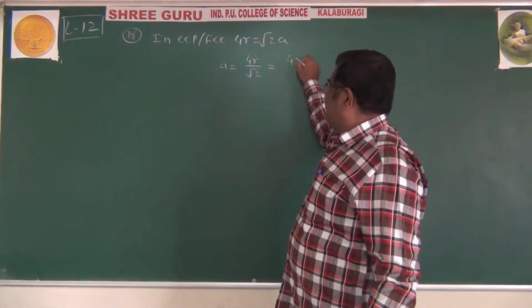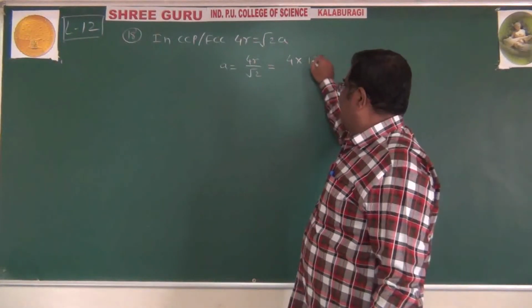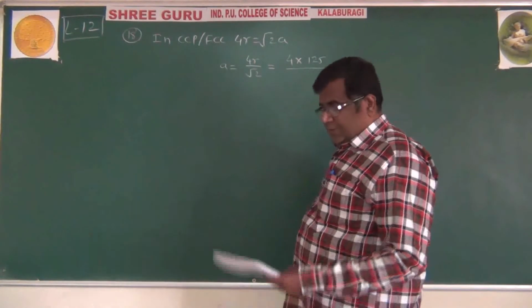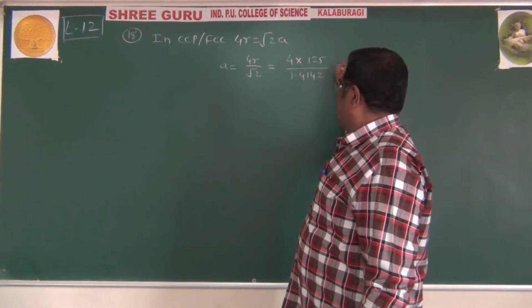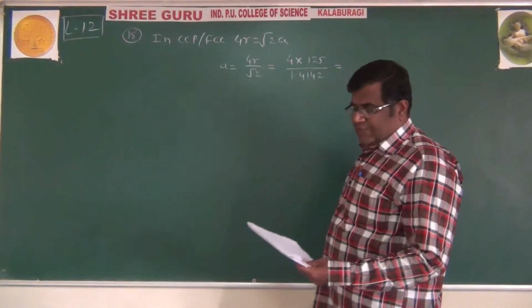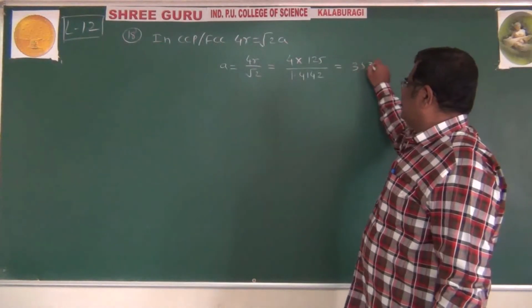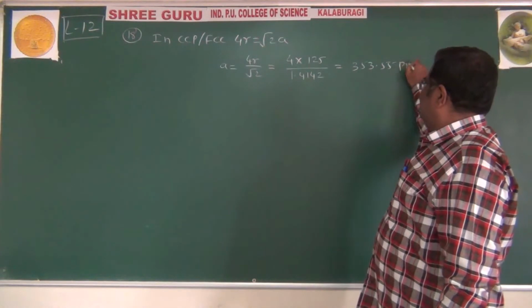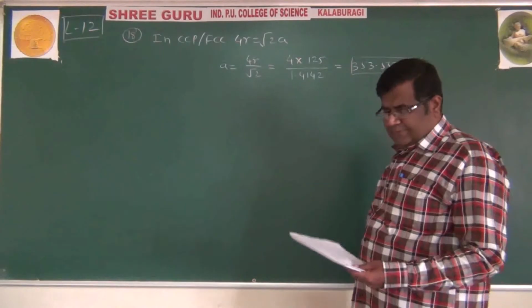The radius given is 125 picometer, and square root of 2 is 1.4142. If we simplify this, it is 353.55 picometer. This is the edge length.